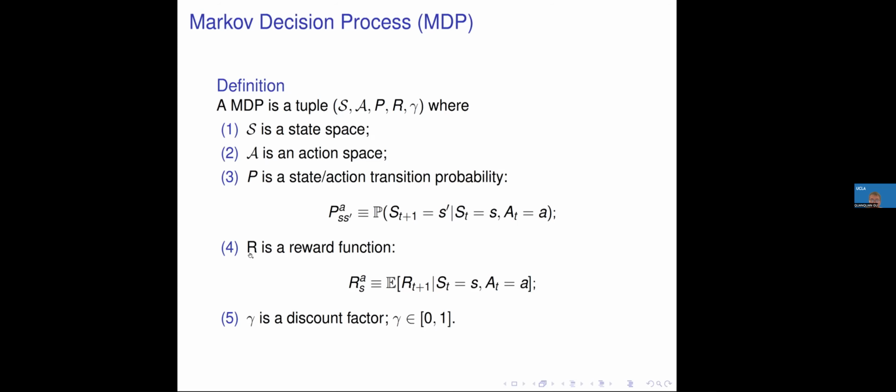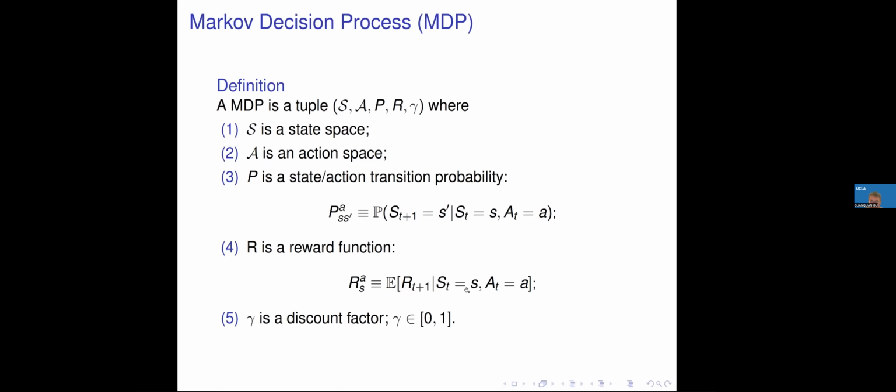And this capital R is a reward function. It can be stochastic, a random variable or random function. Therefore, we will define the reward as the expectation of the reward function.